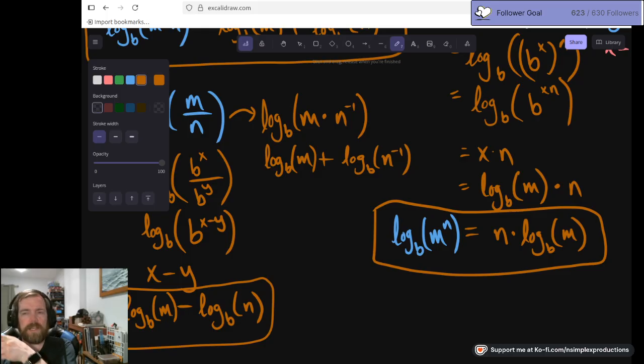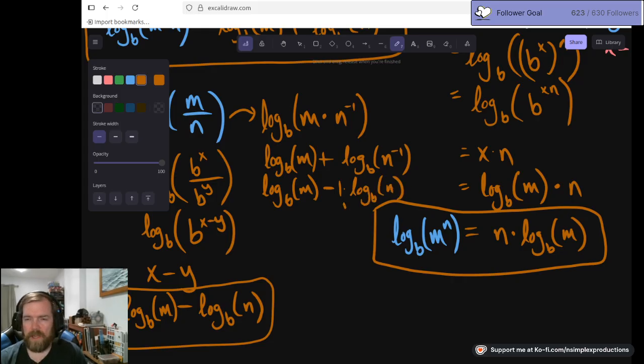Then take the negative first that's in there as a power and knock that down front. So we've got log base b of m plus a negative 1 times, or minus 1 times, log base b of n. And that's the same thing.